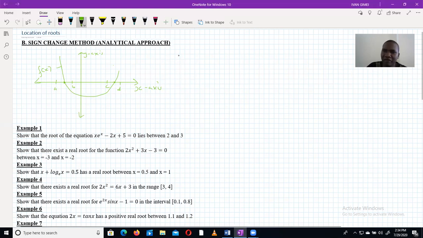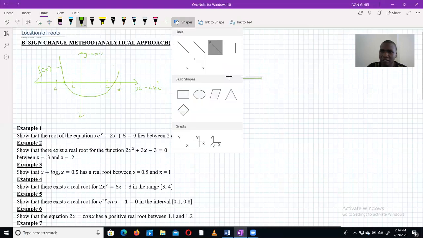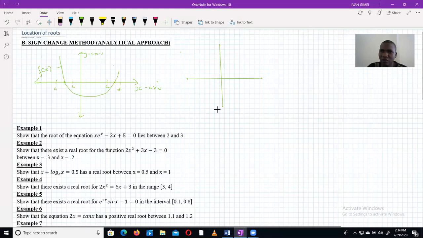Then, of course, if you plot the function and you end up with a graph like this one here, something like this, notice that this is not crossing the x-axis at any point in the interval, let's say AB.